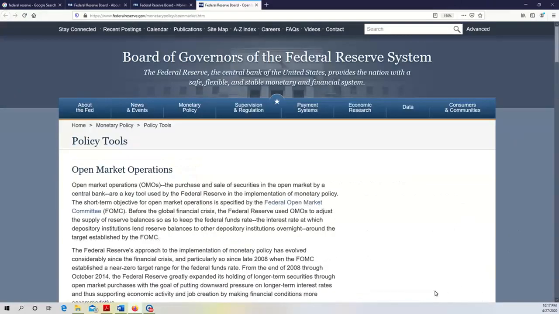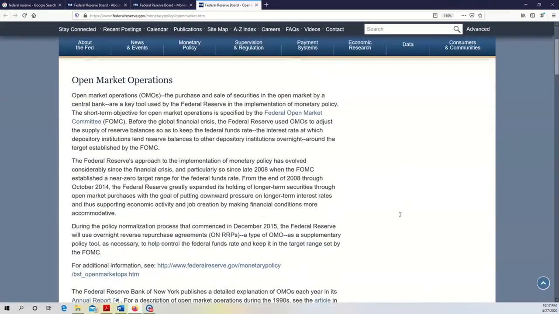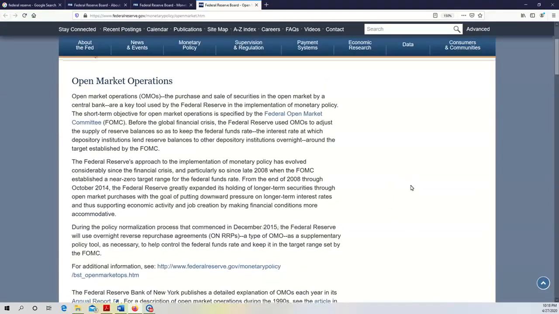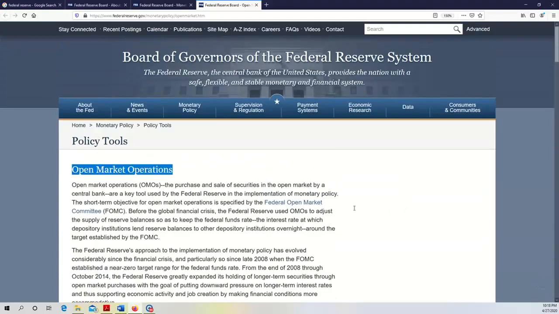So this is the most important and frequently used tool by the Federal Reserve. It's called open market operation, essentially buying and selling bonds. To increase money supply, the central bank is going to buy bonds. To decrease money supply, the central bank is going to sell bonds back to the general public.